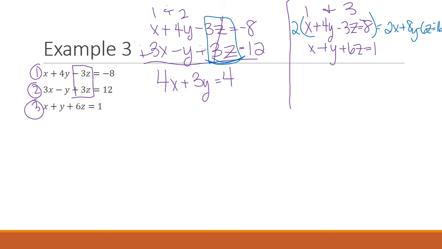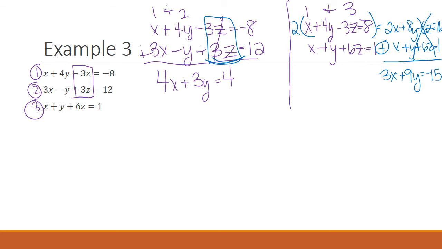Okay, so I'll bring my other one over, x plus y plus 6z equals 1. I'm doing that so my z's will cancel out just like I did before. If I combine these, now my z's cancel out. I'm left with 3x plus 9y equals negative 15.